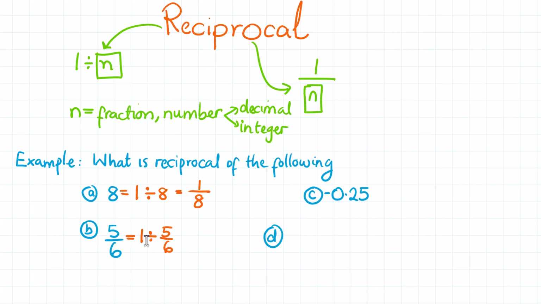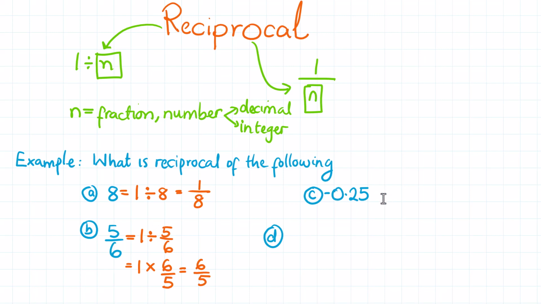Remember that we have to change our division sign to multiplication, causing the fraction after the sign to flip its numerator and denominator. So we have 1 multiplied by 6 over 5. Therefore, 1 times 6 is 6 over 5.